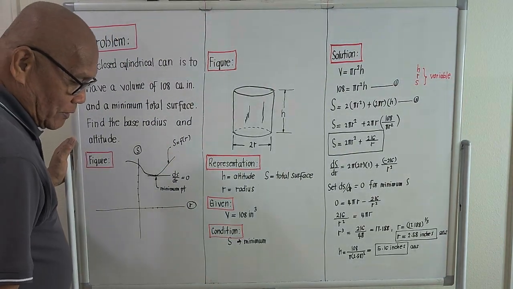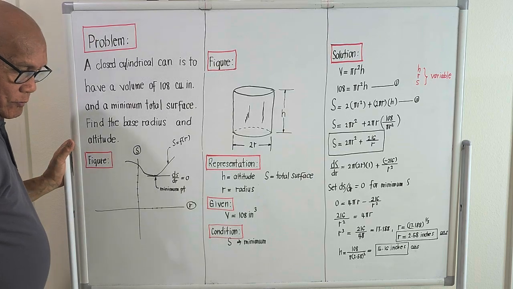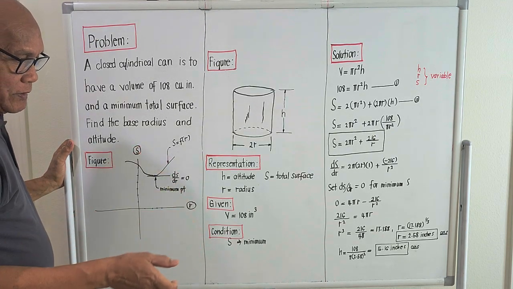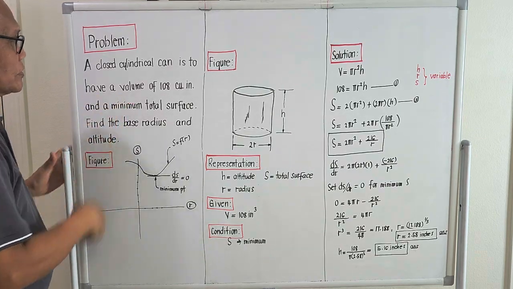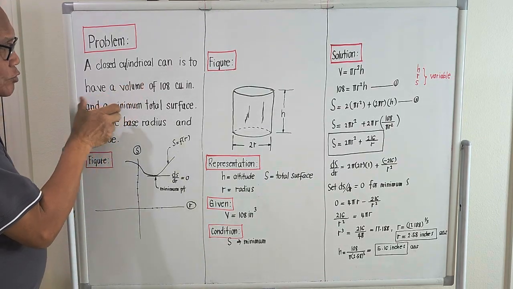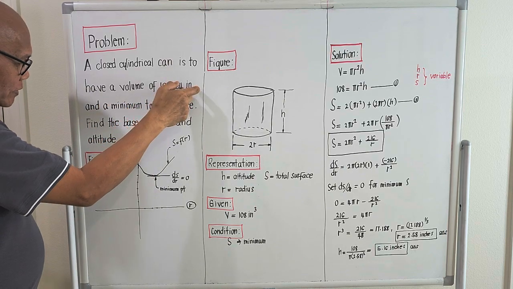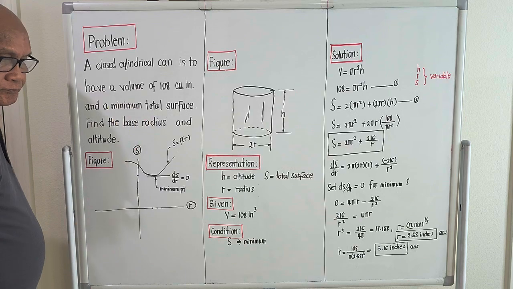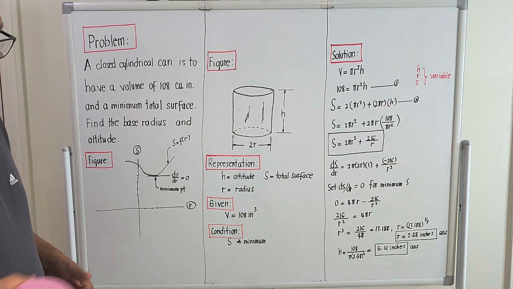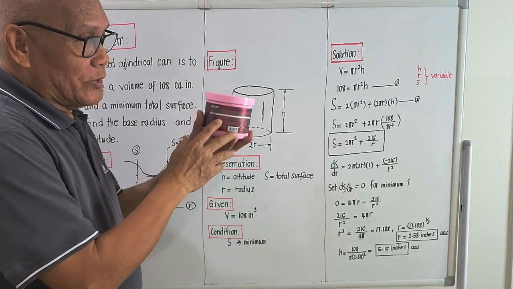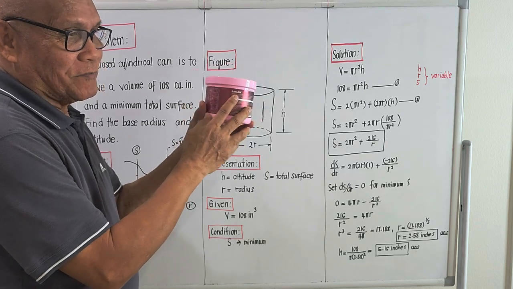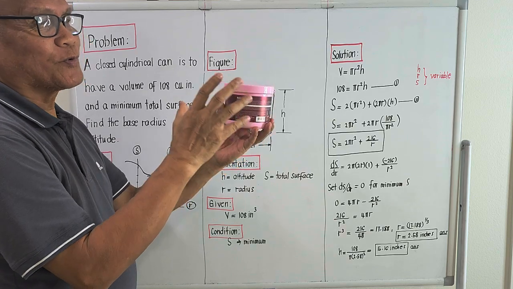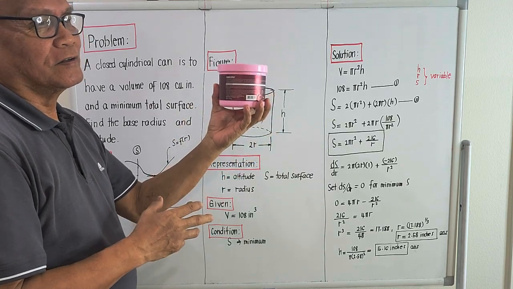This is a random topic and it falls under the study of differential calculus. I will try to read the problem. A closed cylindrical can is to have a volume of 108 cubic inches and a minimum total surface. We have a cylindrical can. This is plastic, but the problem says it's a cylindrical can, so we assume for the meantime that this is a cylindrical can.